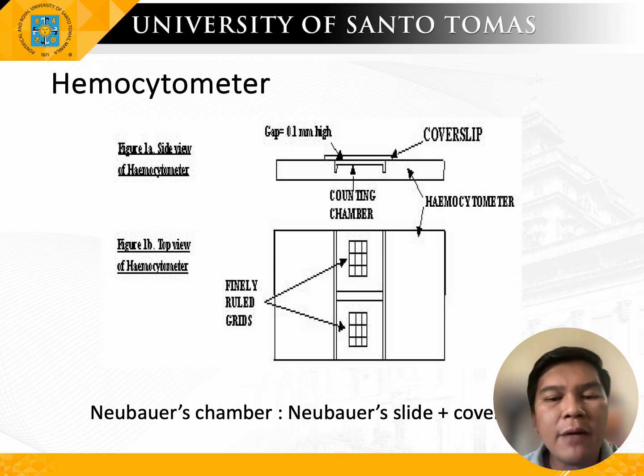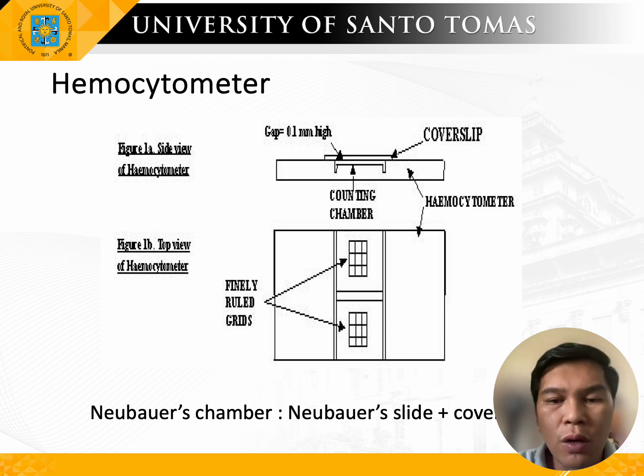For your haemocytometer or the Neubauer's slide, if there is a cover slip added to the Neubauer's slide, that specific part or chamber is what we now call the Neubauer's chamber.